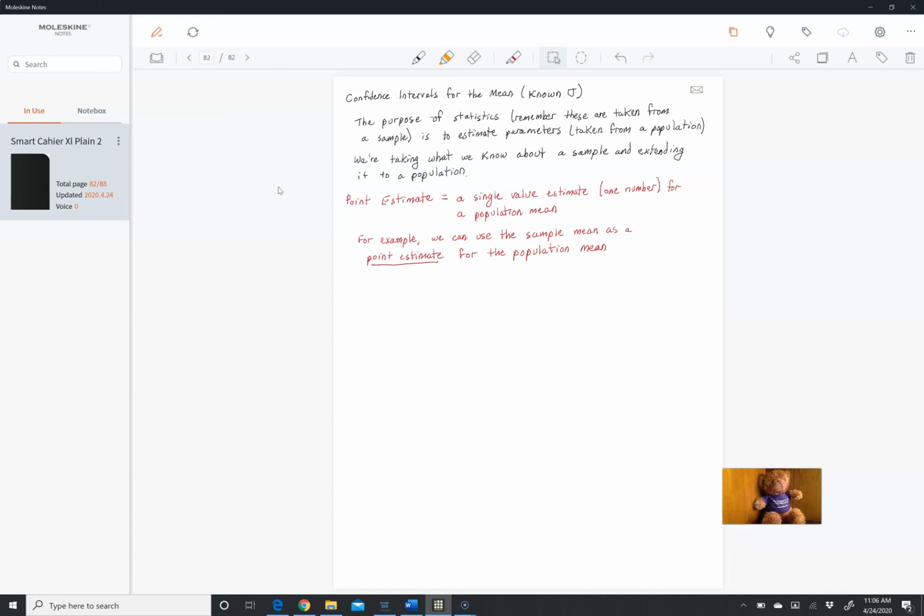Okay, so again, if the mean number of hours that somebody sleeps at night is 6 in the sample, then we're going to start off by saying the mean number of hours that somebody sleeps in the population is 6 as well. But this is just an estimate, and we're going to create an interval instead, okay?